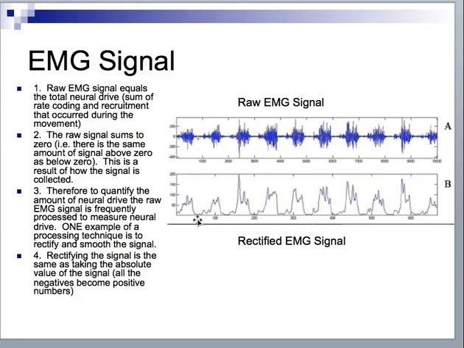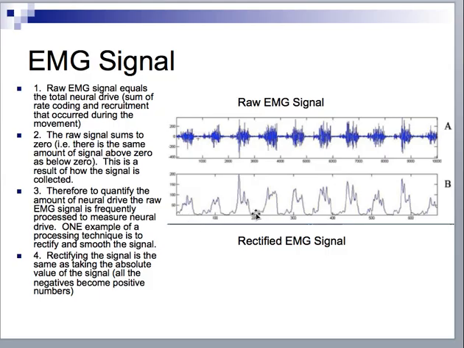The area under this particular impulse would indicate the amount of neural drive from the brain that was transmitted to the muscle to create force, to meet the external load being applied at that joint, and that the muscle needed to produce to have the movement occur the way that it did.